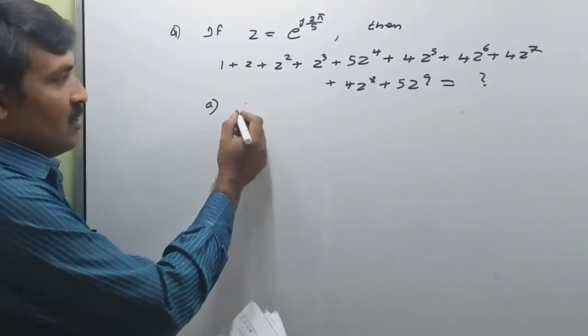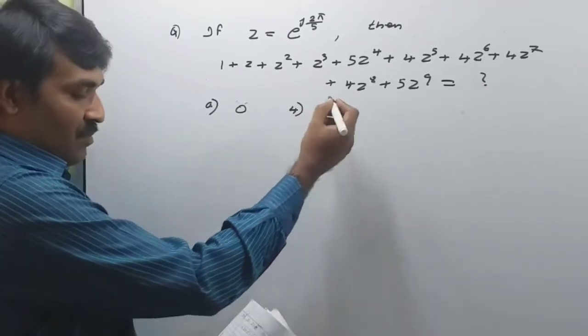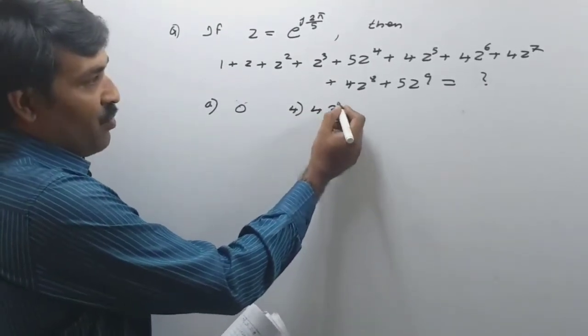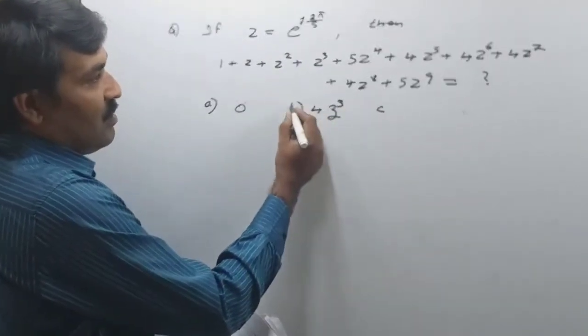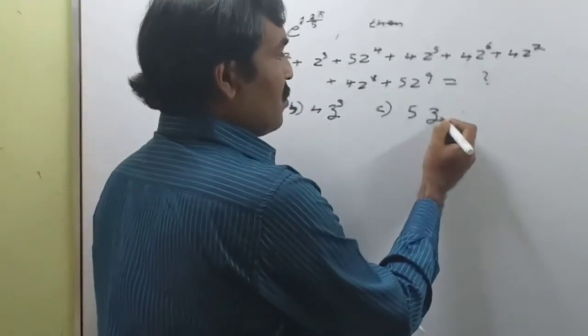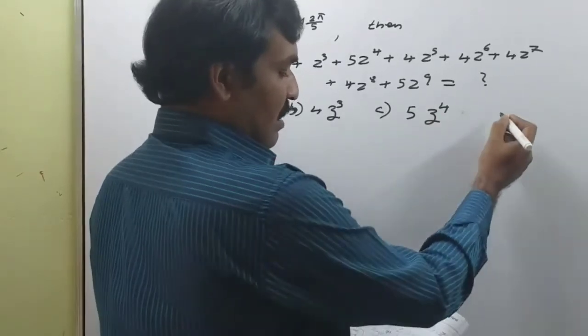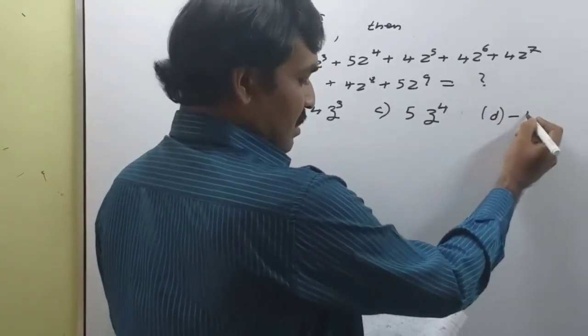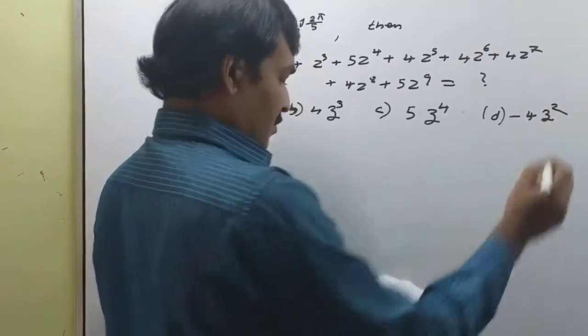Choice A is 0. Choice B is 4z cube. C is 5z raised to 4. And D is minus 4z square.